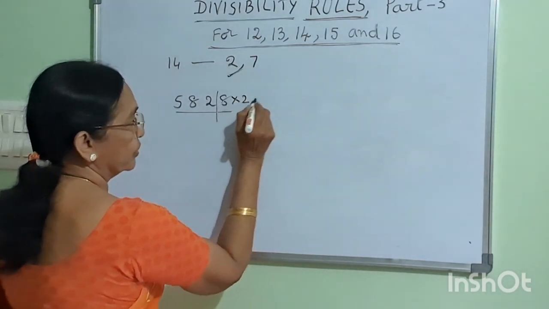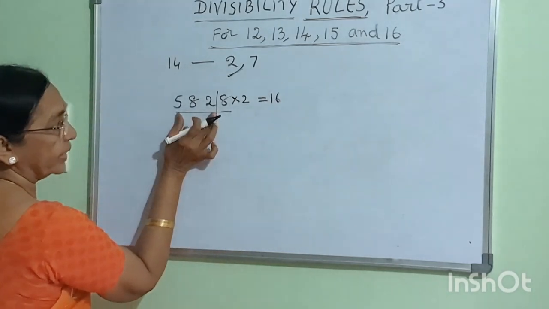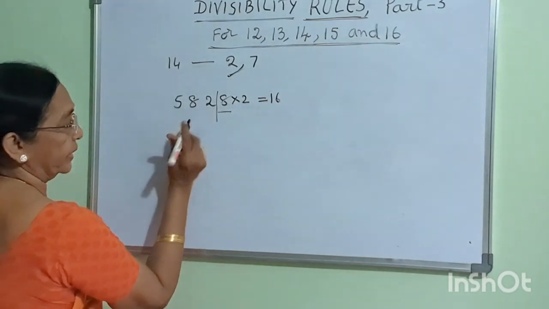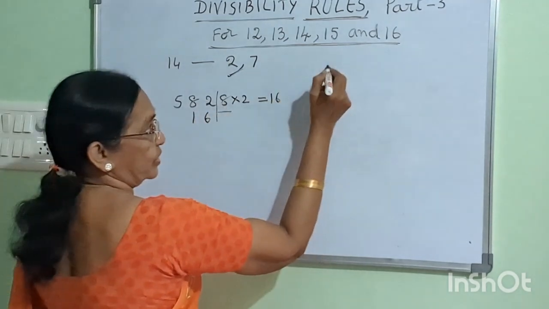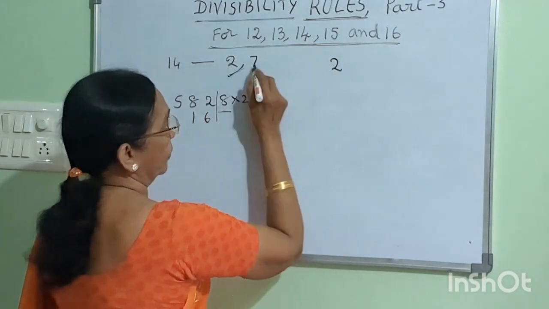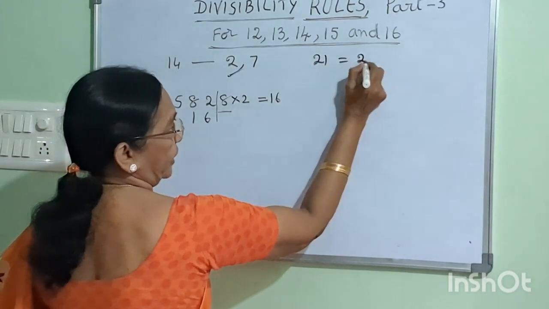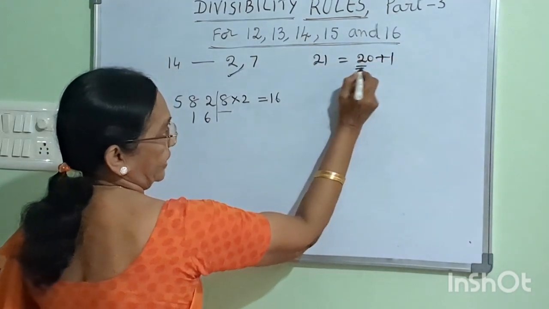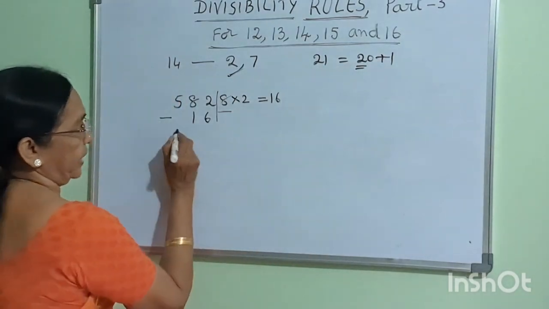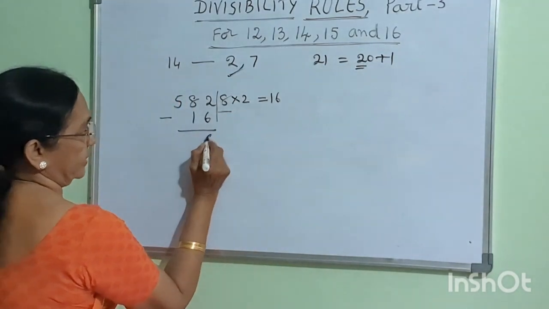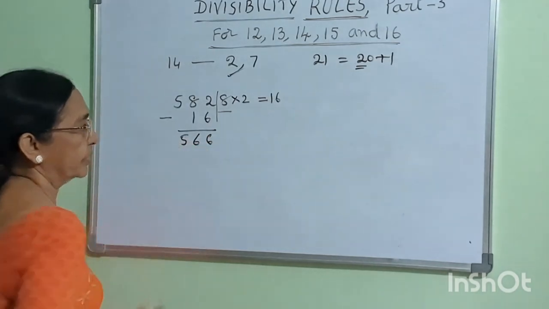We get 8 2s are 16 and subtract it from the remaining number. Subtract it because the osculator is 2 and the multiple of 7 is 21, 20 plus 1, and here we got plus. 12 minus 6, 6; 7 minus 1, 6. 65.